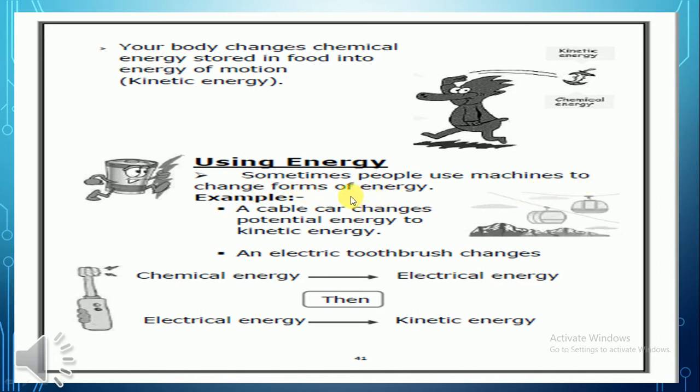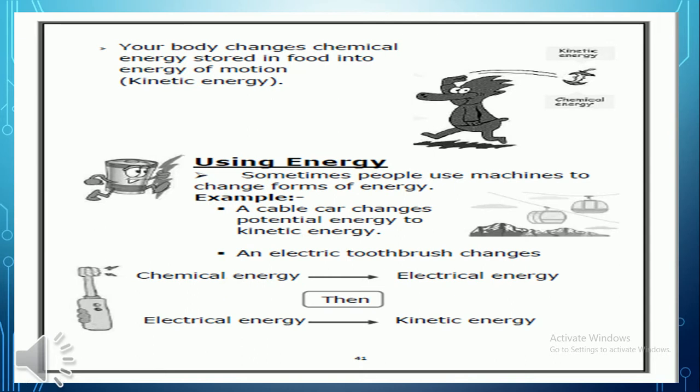We have many different kinds of machines. For example, a cable car like this. A cable car changes potential energy to kinetic energy. So fun to ride one, by the way. Okay, an electrical toothbrush like this changes chemical energy. Who can tell me chemical energy stored inside what?